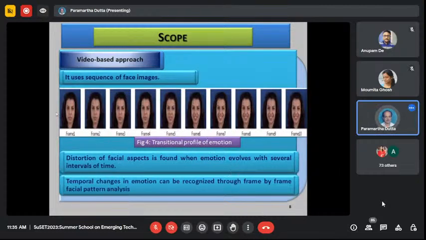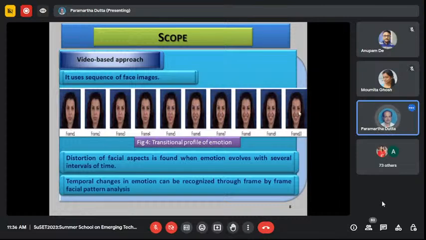So here it is. There are different frames of the same person. The leftmost is the neutral image, and the rightmost is the extreme happiness. These are the intermediate states, with different intermediate expressions reflecting different levels of intermediate emotional backgrounds. So the leftmost frame represents the perfect neutral.